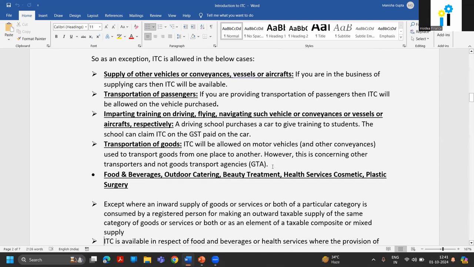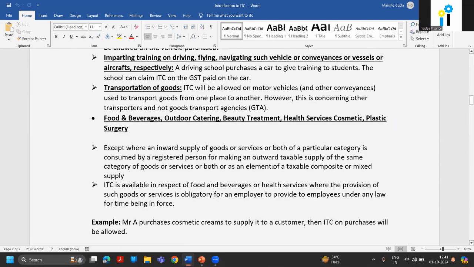Okay. Transportation of goods. ITC will be allowed on motor vehicles and other conveyances used to transport goods from one place to another. Means ITC is allowed on motor vehicles which are used to transfer goods from one place to another. This is concerning other transport and not a goods transport agency.